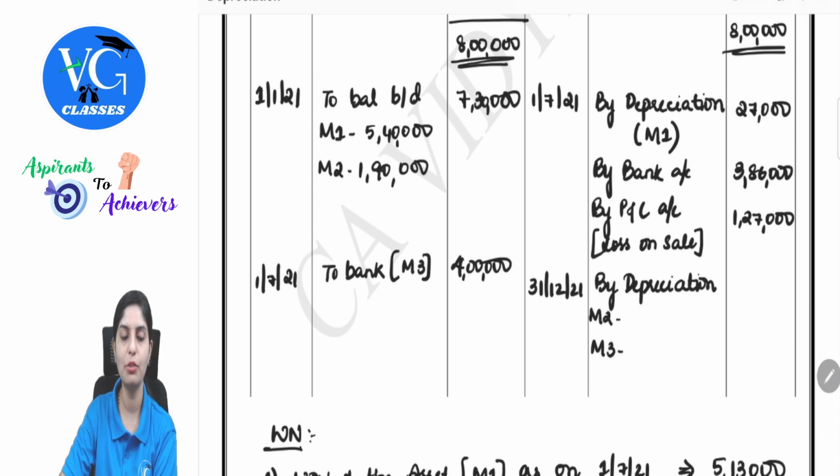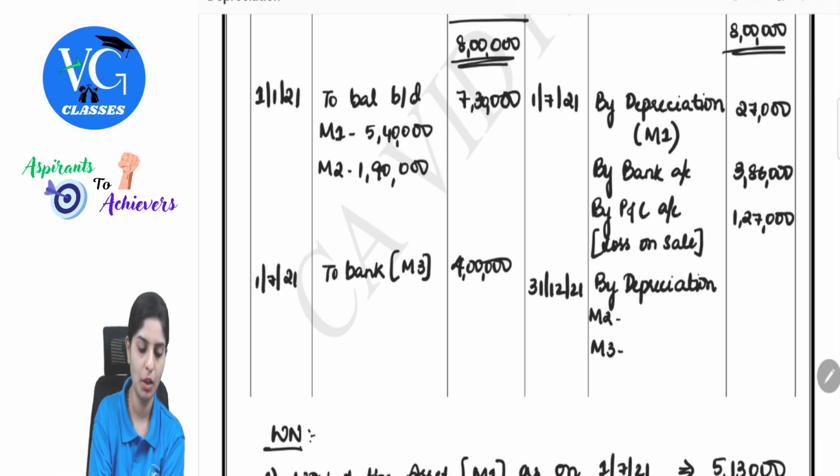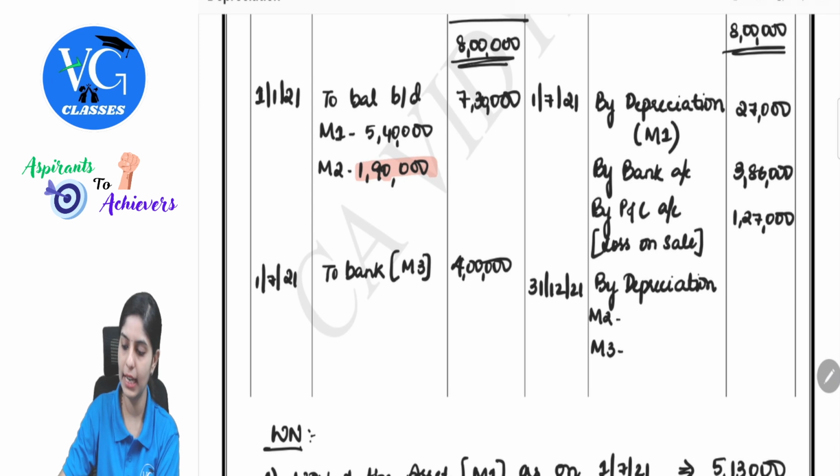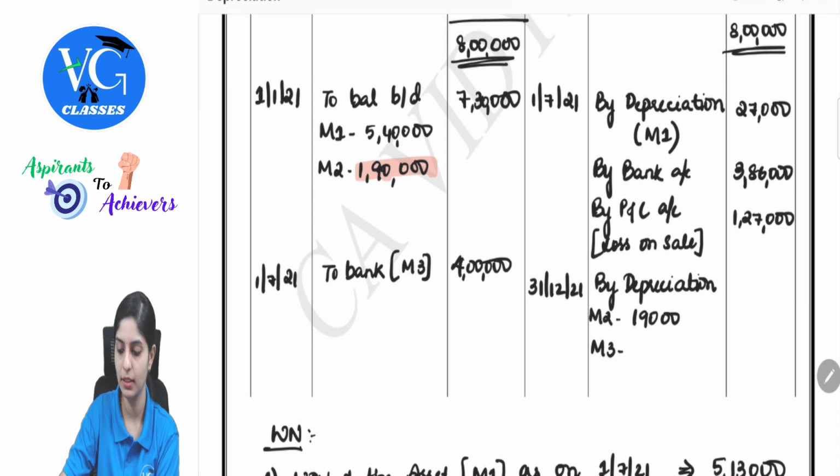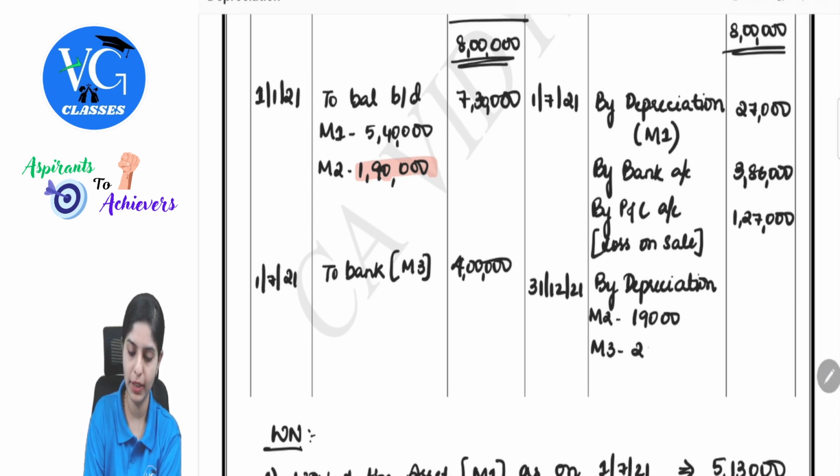Machinery 2 written down value is how much? 1,90,000. So on 1,90,000, 10%, that will be 19,000. Machinery 3, 4 lakh, 10% for 6 months. 10% into 6 by 12. So that will be 20,000. So total depreciation will be 39,000. So this is done.